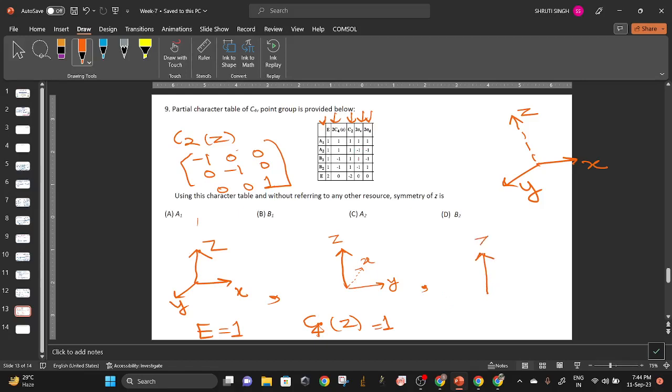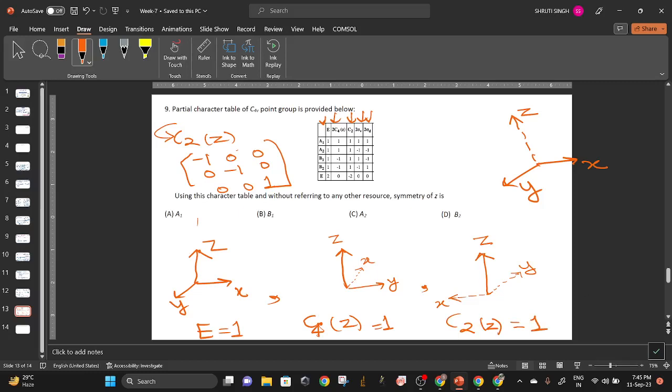So Z will be here, and Y, which was on this side, will go to the negative side, and X, which was on the right hand side, will go to the left hand side. So these are changing. So for C2, the character is also 1. So Z is not changing.